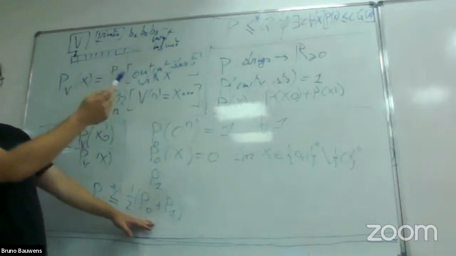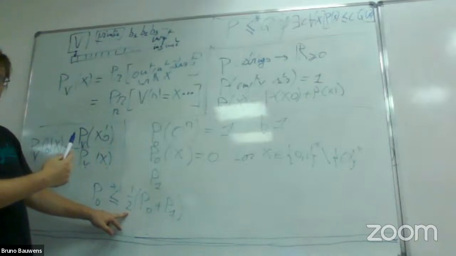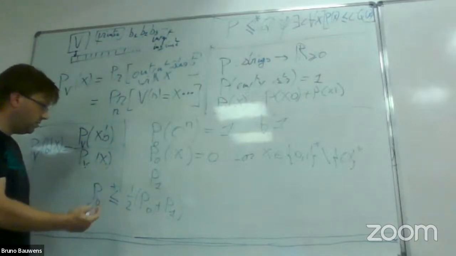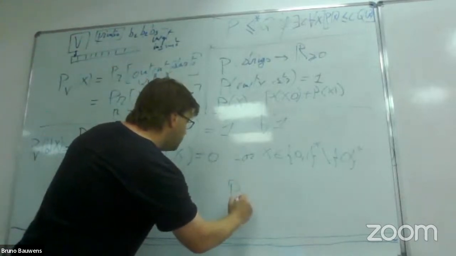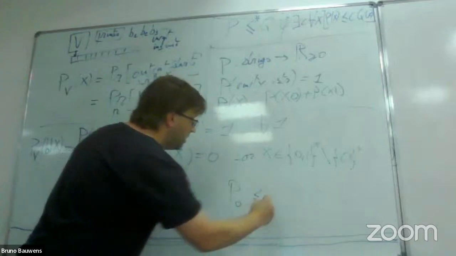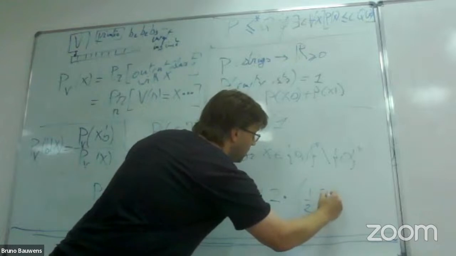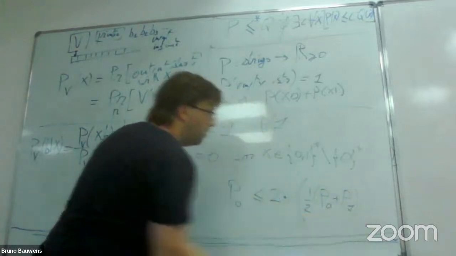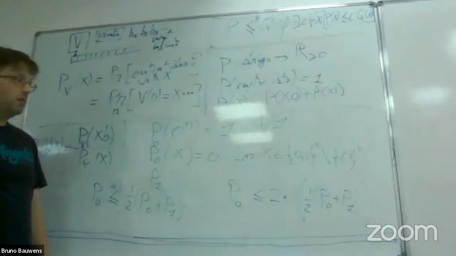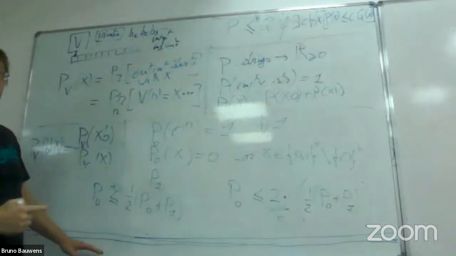We set C equal to 2. So I claim that P0 is smaller than 2 times 1/2 (P0 plus P1). So this will be our C in the definition.